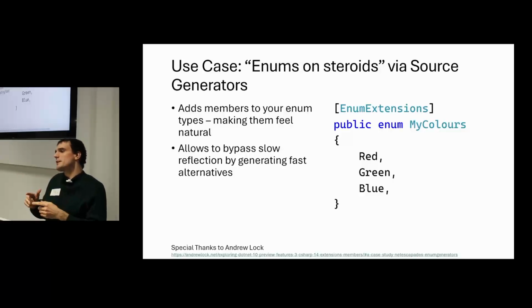So you add this attribute, and then the source generator generates all the ToString and IsDefined, and all the utility methods on enums can now be defined in a way that they don't use reflection, and you actually save a lot of runtime by doing that.